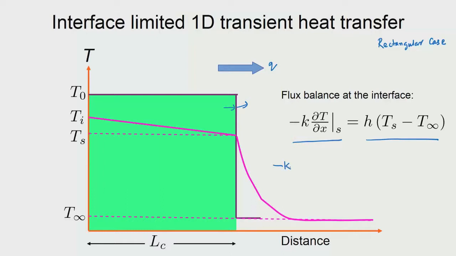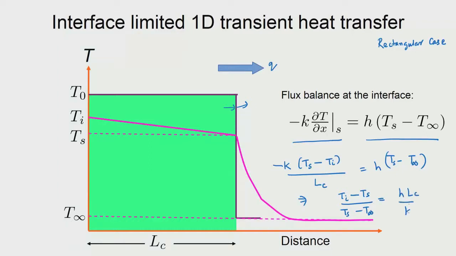So, minus k into the temperature on the right hand side, Ts, minus the temperature on the left hand side, Ti, divided by the distance between them, Lc, is equal to h into Ts minus T infinity. We take the minus sign inside, and then we write Ti minus Ts divided by Ts minus T infinity as h Lc by k.